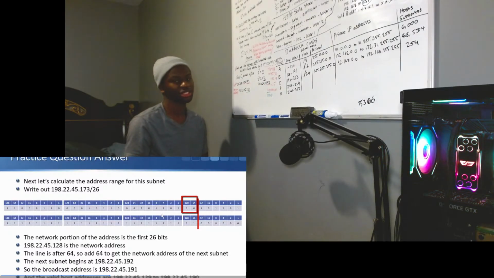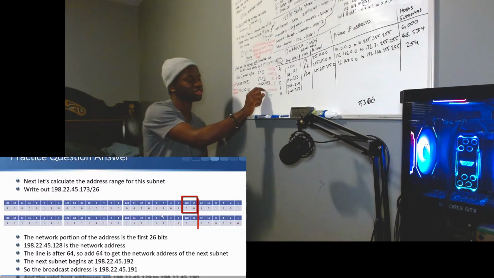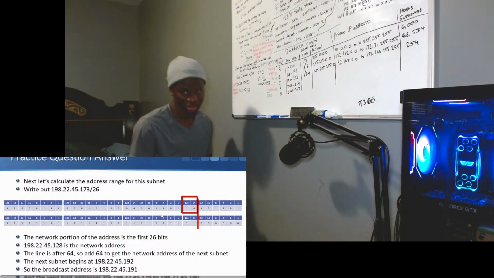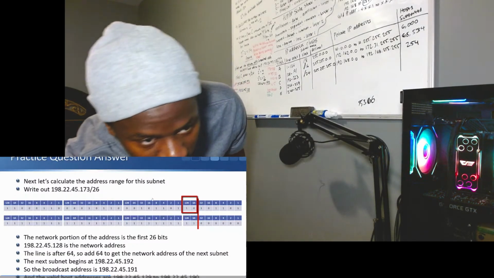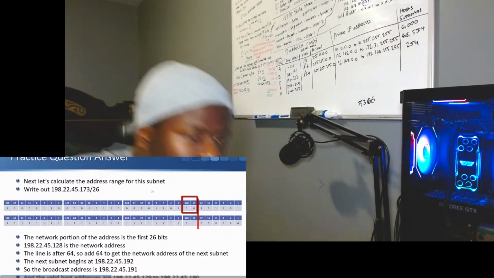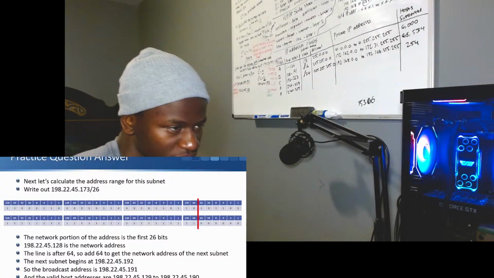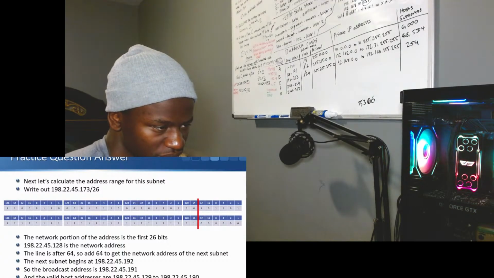These are supposed to have their own octets, of a 64, so that means it's 128. So the network address is 198.22.45.128.